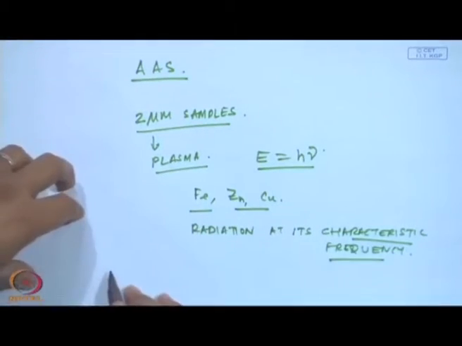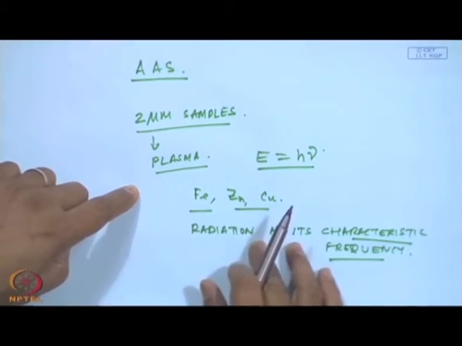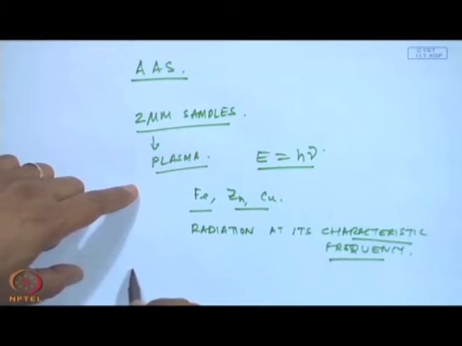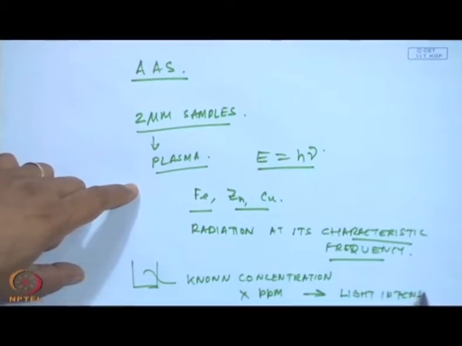So, basically I have a sample which is heated and then radiations will be there. I will have another source, from a known concentration, so I know some x ppm and I know the amount of light intensity.